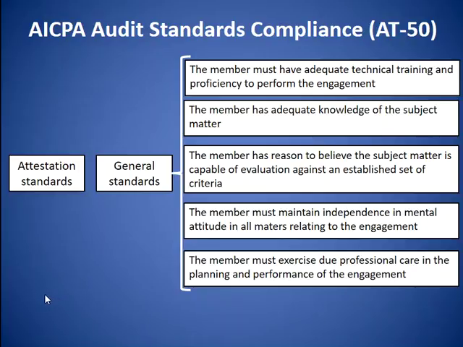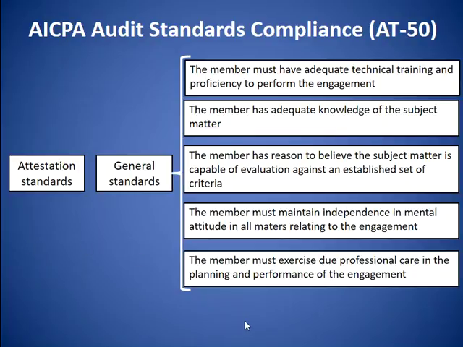Number four, the member must maintain independence and mental attitude in all matters relating to the engagement. And this goes back to when we perform an attestation, what we're doing is we're basically providing an assessment as to whether or not the information that was created and assembled by a client conforms to certain criteria for the benefit, so third parties know that that was done correctly.